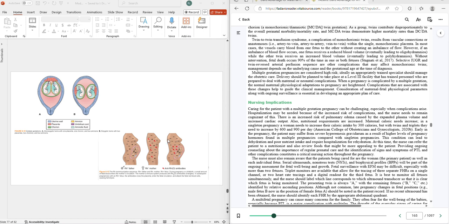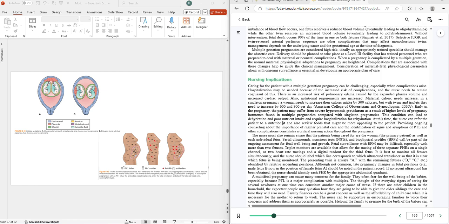Trying to find the page it's on. So this is on page 170. We'll get to that in just a second. So let's look at page 166.